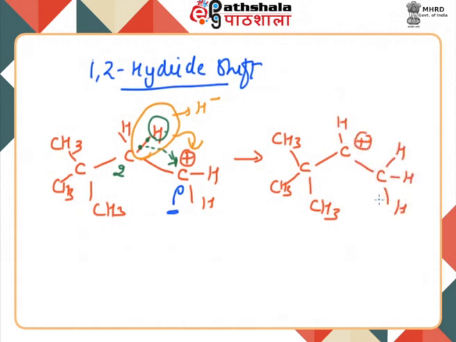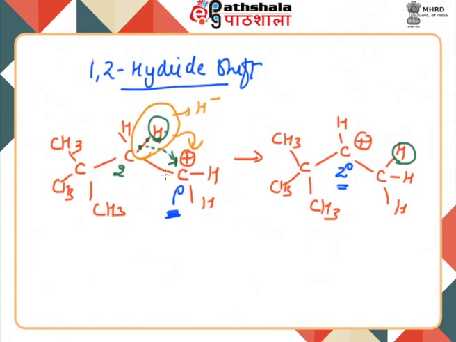So what we get as a result, starting from this primary carbocation, is a secondary carbocation which you are aware is more stable, and you can notice that this hydrogen has shifted from the 2 to the 1 position.